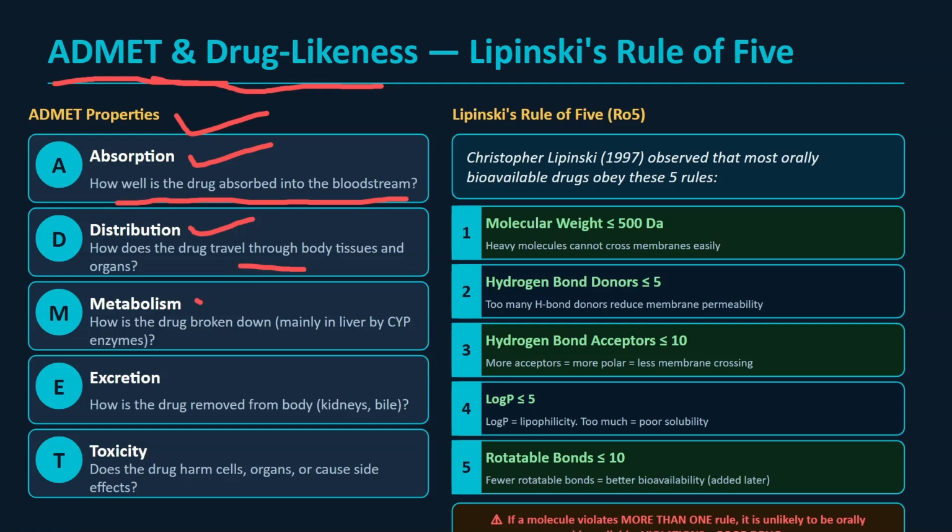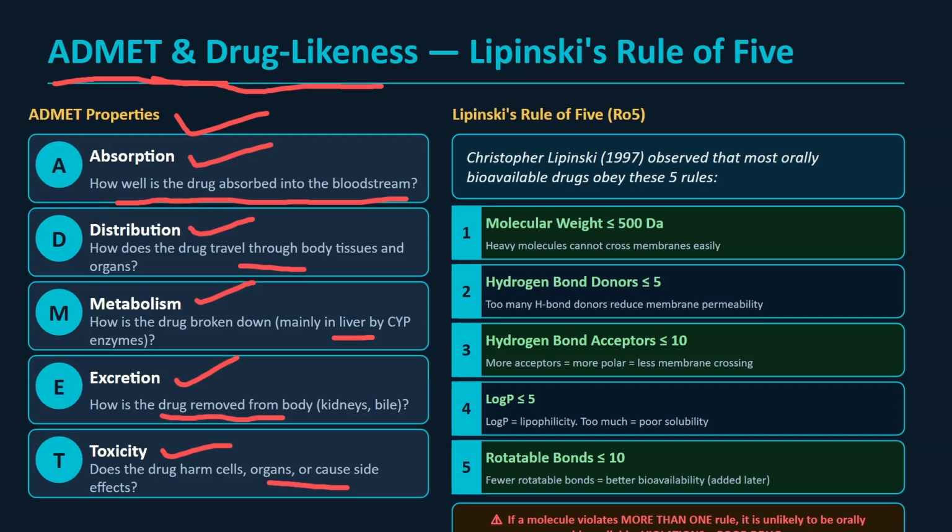M stands for metabolism, which means how the drug is broken down, mainly in the liver. E stands for excretion, which means how the drug is removed from the body. Last is the T, which stands for toxicity. Does the drug harm cells, organs, or cause any side effects inside the body or not?